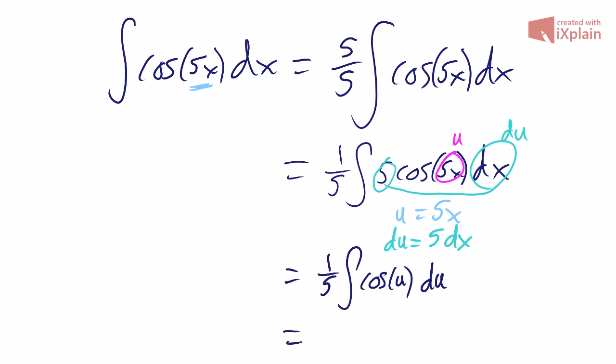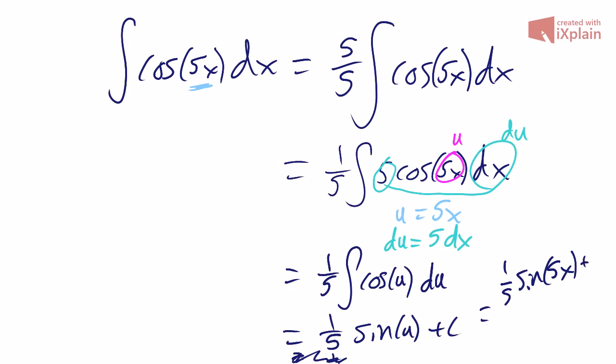All right, and now I know the antiderivative of cosine of u is sine of u. So then I have 1/5 sine of u plus c. And now you resubstitute, so your answer is back in terms of x, and you get 1/5 sine of 5x plus c.